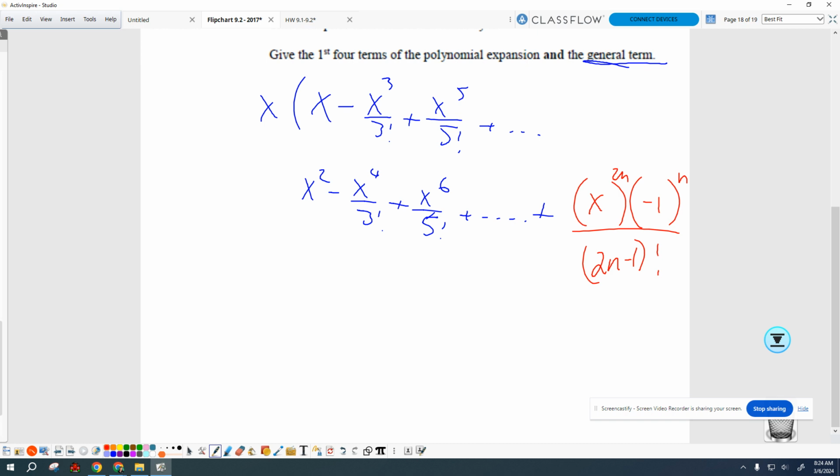Okay, so what does my n start with to give me the right beginning? 1? Okay, so that gives me x squared. I need to turn the negative off. Down here, that gives me the first factorial. Okay. When n is 2, I get x to the 4th, and that's a negative, and I get 3 factorial down there. Seems to work. Okay, so guys, try that one more.